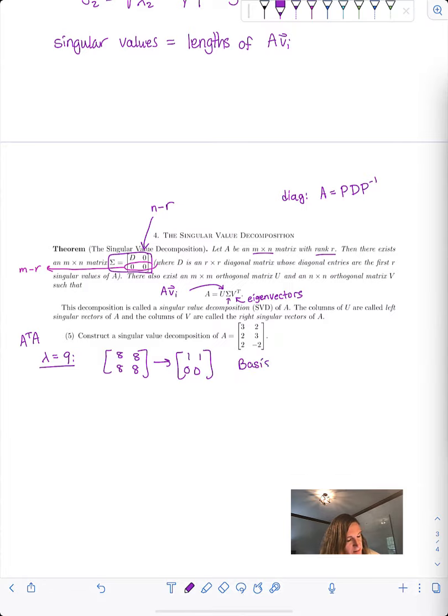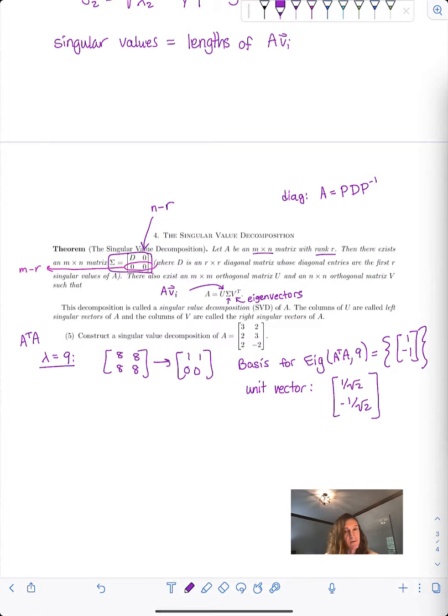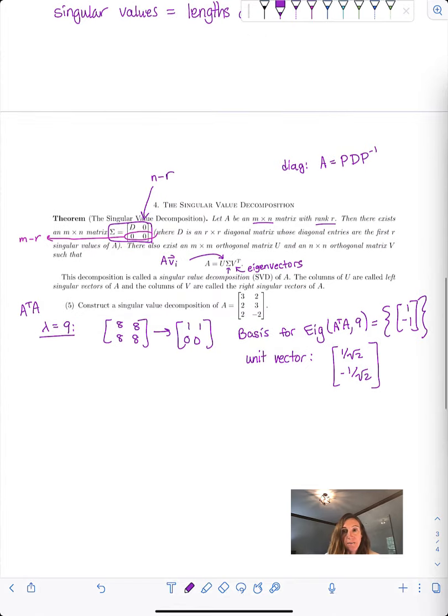So a basis for the eigenspace of A transpose A at eigenvalue 9 is just 1, negative 1. We want a unit vector in that direction, and that vector still has length square root of 2, so we divide by root 2, and that's our eigenvector.